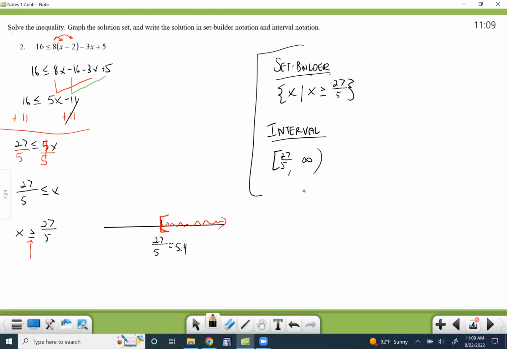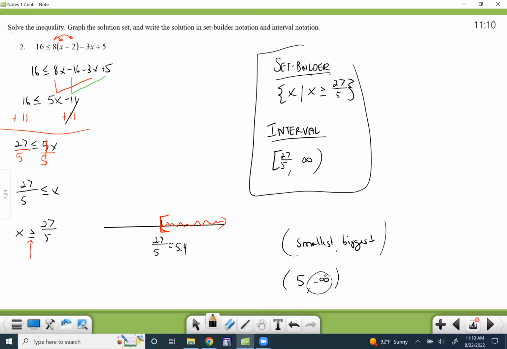When you write your interval notation, make sure you always go smallest, comma, biggest. I get some students who will do something like this. They'll go 5 negative infinity, right? And I already know they're wrong because the smallest number has to be on the left. Negative infinity, you guys, that is as small as it gets. That's going to the left forever on a number line, right? Look at our last example.